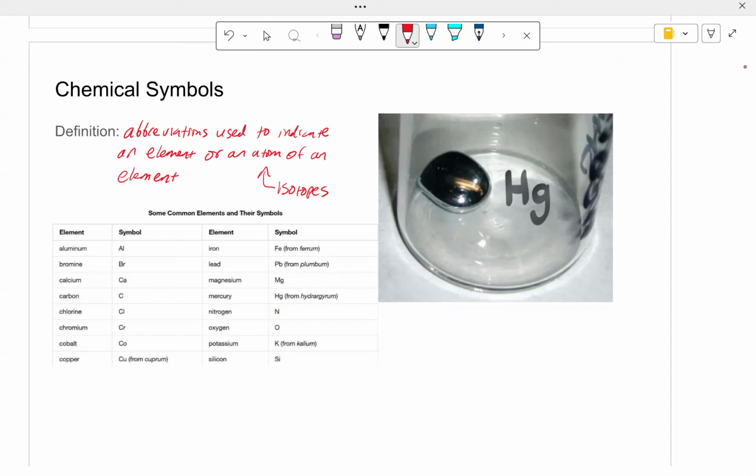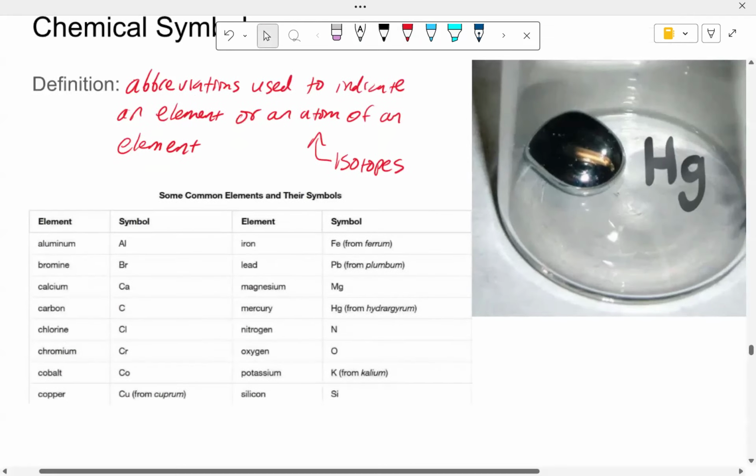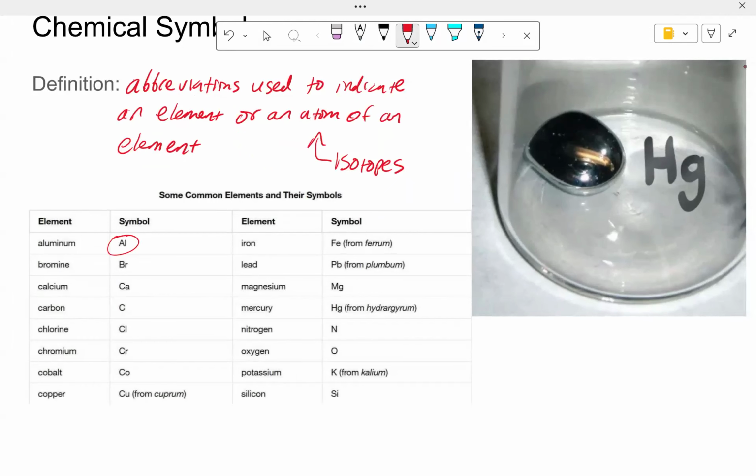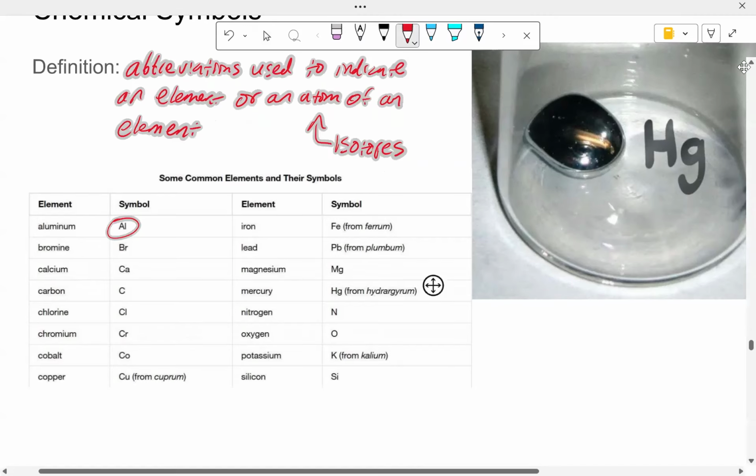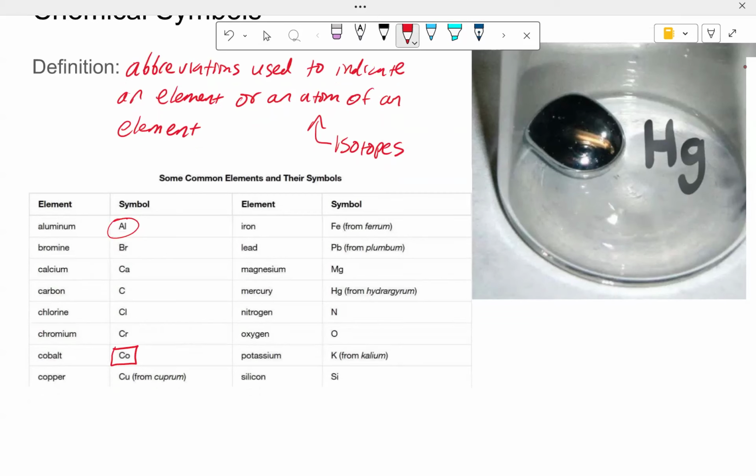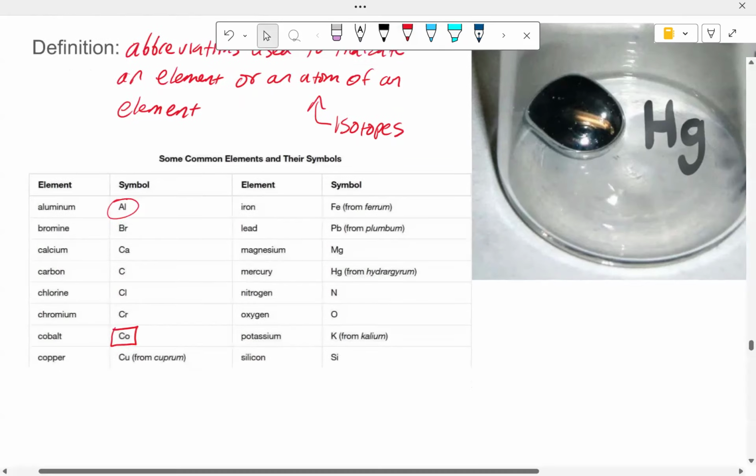Now, when it comes to convention of elements, you'll notice that some of them are single letters, some of them have two letters in them. You always capitalize the first letter and lowercase the second letter. And there's a very important reason for that. Let's look at cobalt. Cobalt's symbol is Co. It's got a capital C and lowercase o.